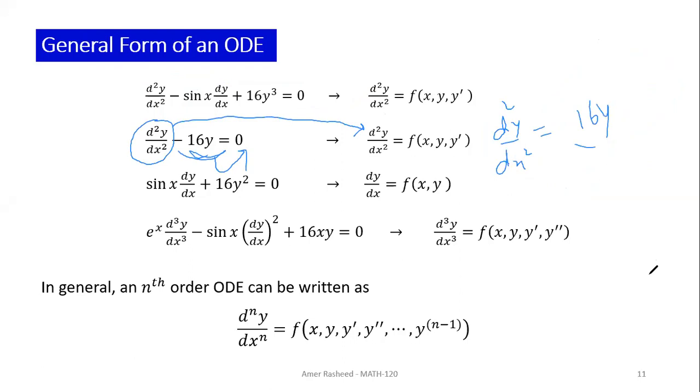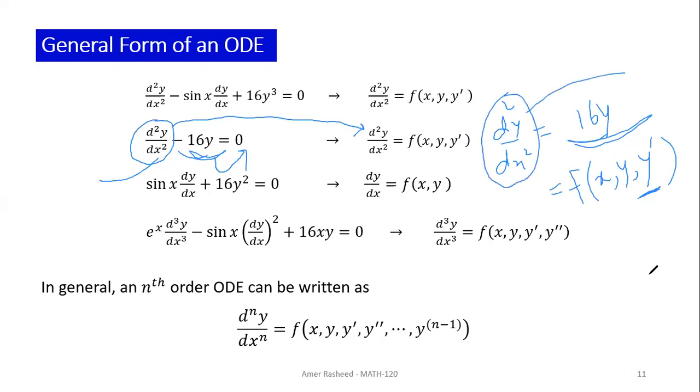So in general, this is a function of what? F of, first we write independent variable by looking at this, because x is independent variable here, and then y and y dash. यहाँ पे क्या आएगा? जो आपके पास लेफ्ट हैंड डेरिवेटिव है उससे एक कम डेरिवेटिव. So this is how we can denote differential equation also generally.